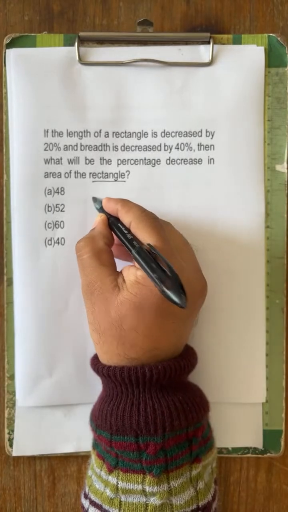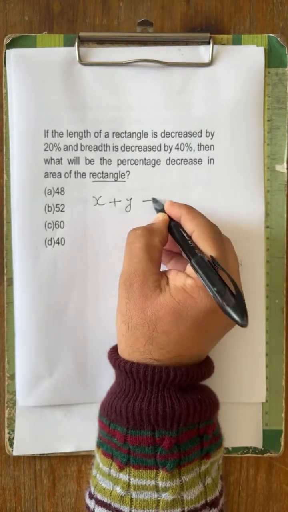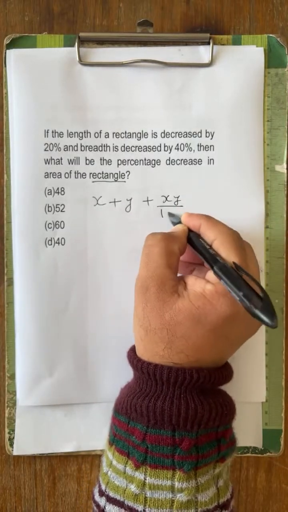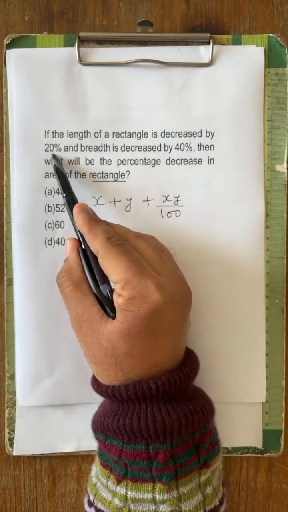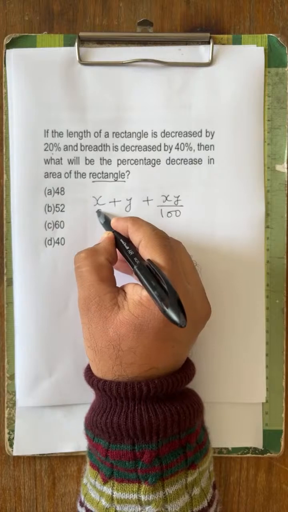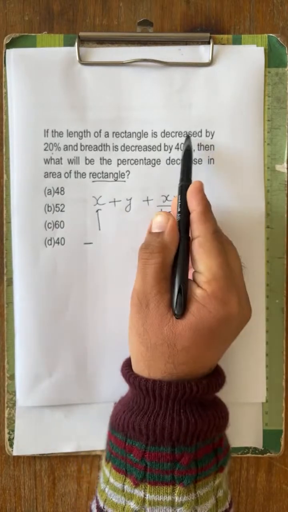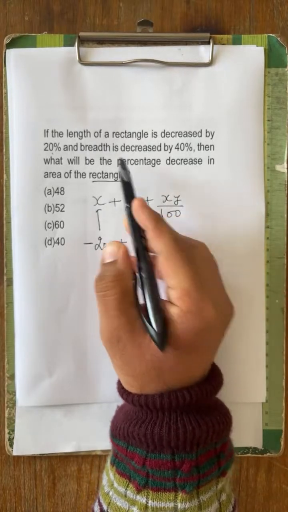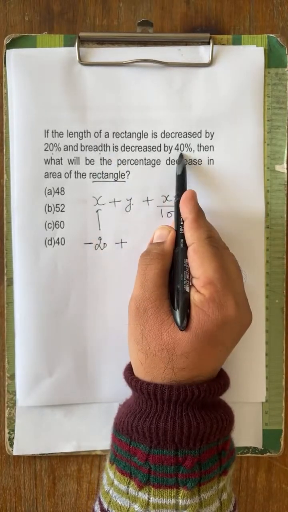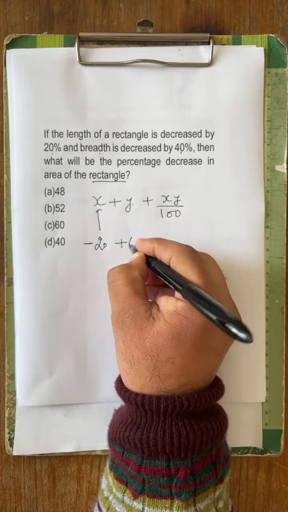Now we will be doing it by formula x plus y plus xy upon 100. Now if the length is decreased by 20%, so we will be writing x as minus 20, as minus says decrease. Y will be, as breadth is decreased by 40%, so we will be writing minus 40.